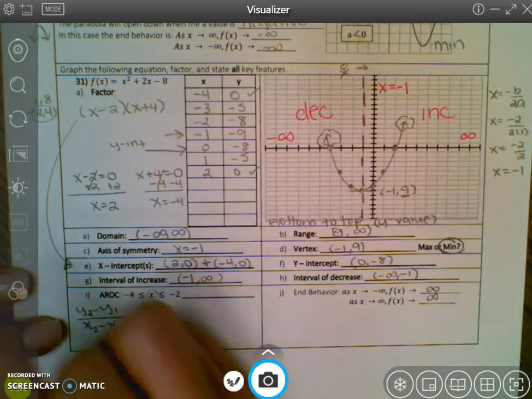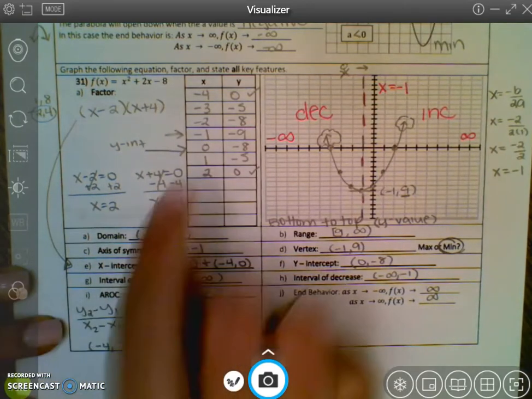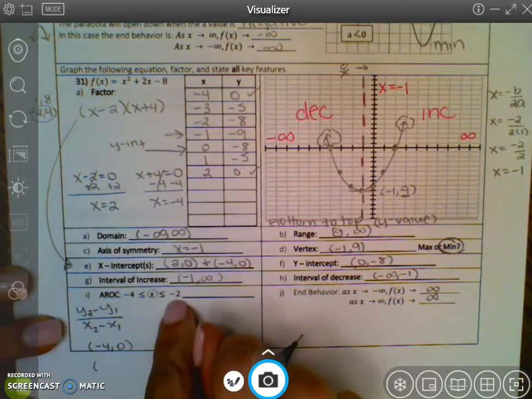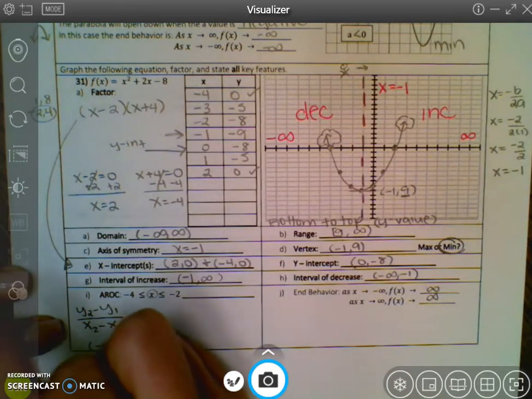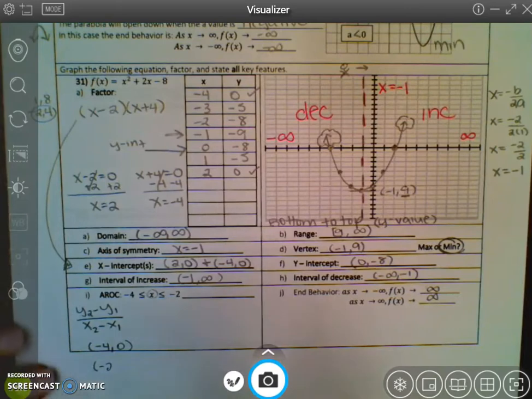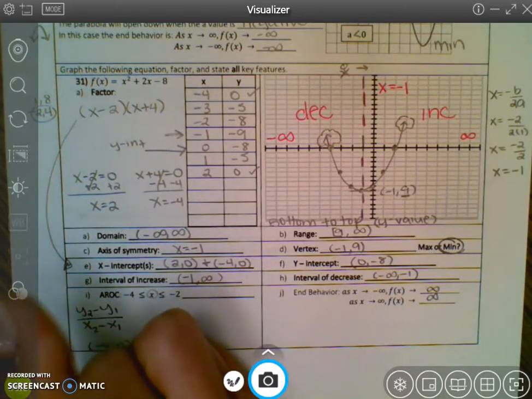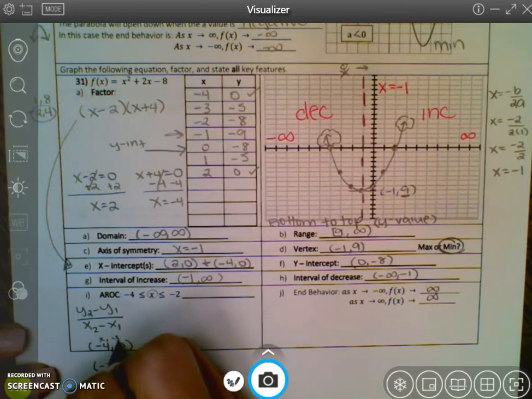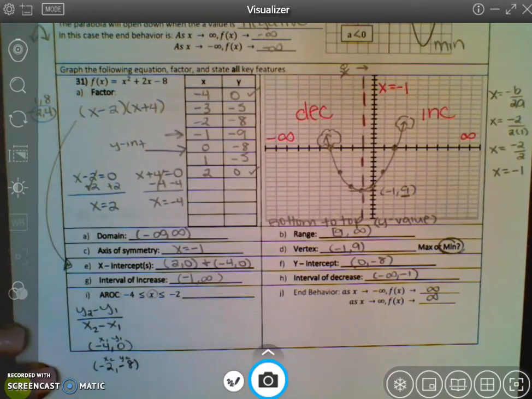-4 was 0, and I need -2. -2 is -8. Okay, so this is going to be x1, y1, and x2, y2.